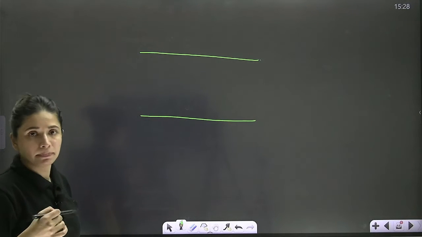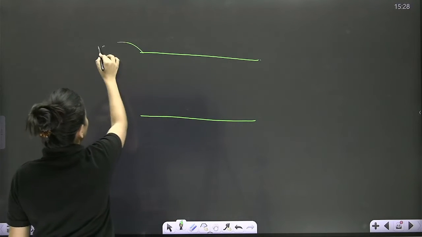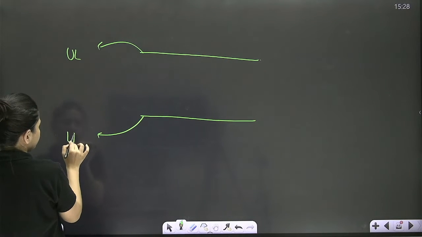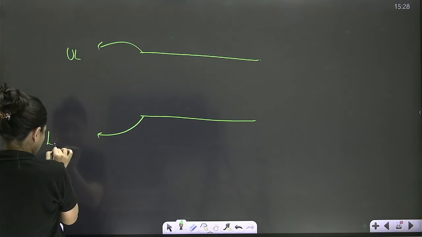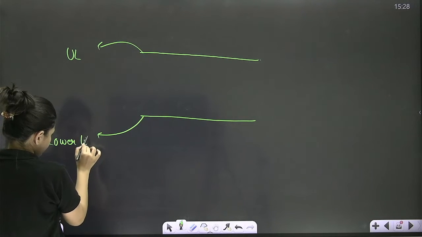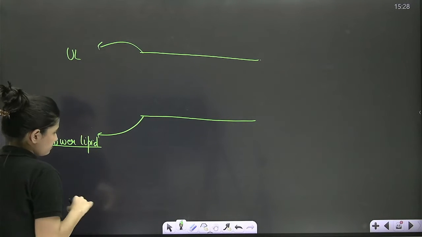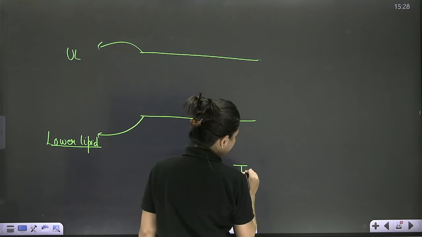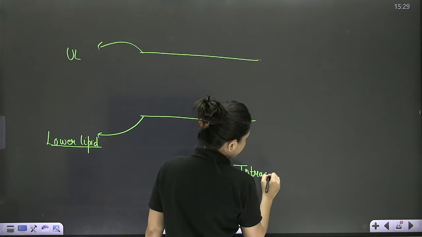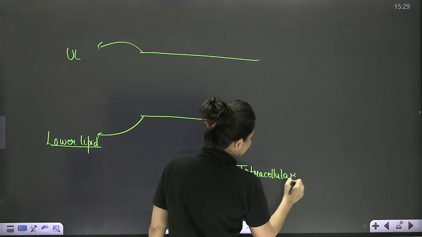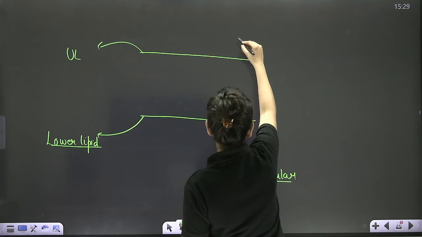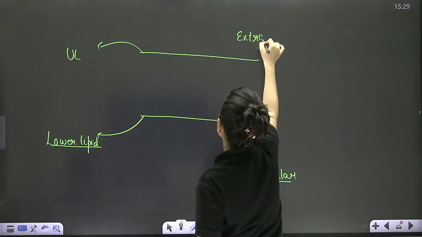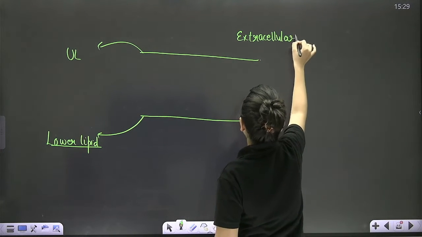Now on this, my proteins will be kept. Now see, this is the upper lipid layer. This is the lower lipid layer. The lower lipid layer encloses the intracellular environment, right? Whereas the upper lipid layer faces the extracellular environment, where both are aqueous in nature.